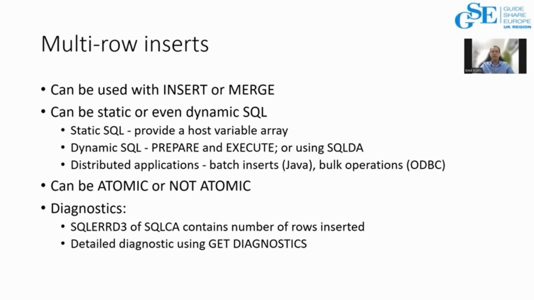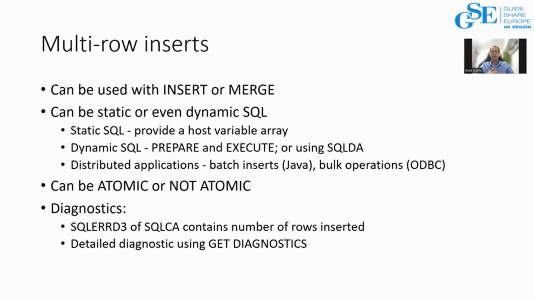In static SQL, you just provide a host variable array. That's what I mentioned. You need to prepare all the data that will be inserted into db2 for all rows. In dynamic SQL, you need to do prepare and execute using a host variable array, or if you have a very dynamic application and you don't know in advance, you can build the array completely dynamically using the descriptor SQLDA.